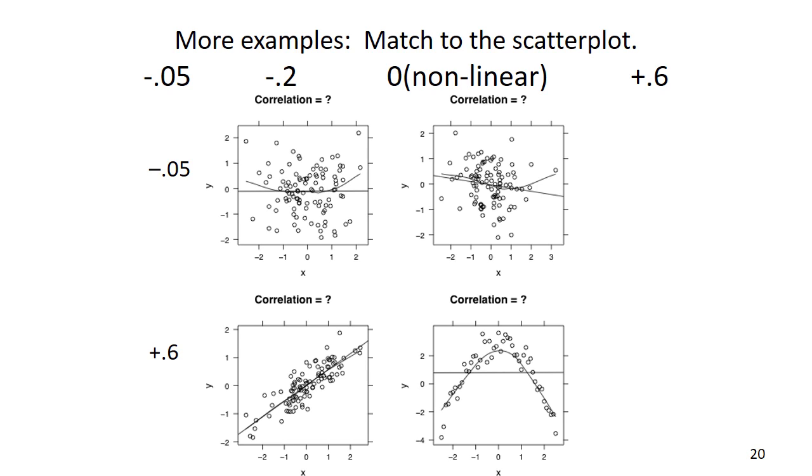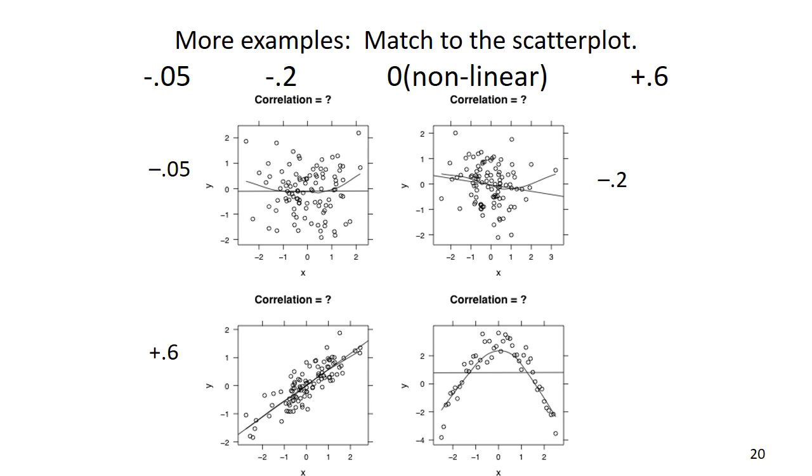All right, so this top right one, what is this? Besides a ball of confusion. This is negative 0.2. It is better than the negative 0.05, but it is still going down, as emphasized by this line. It's going down, as is this one. You see how it's just a little bit off from 0?